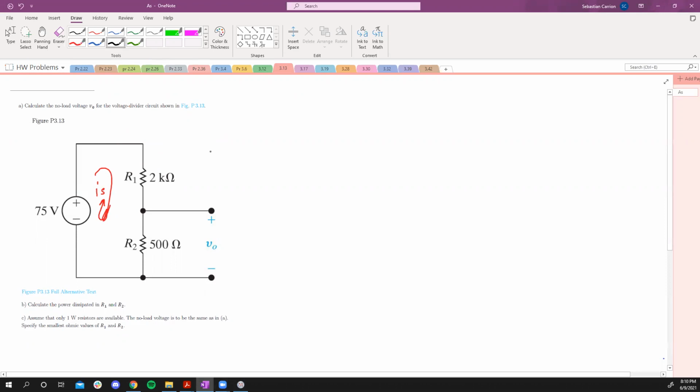All right, so say -75 plus 2000 IS plus 500 IS equals 0. So IS would be 75 over 2,500, and that would be 0.03 amps.